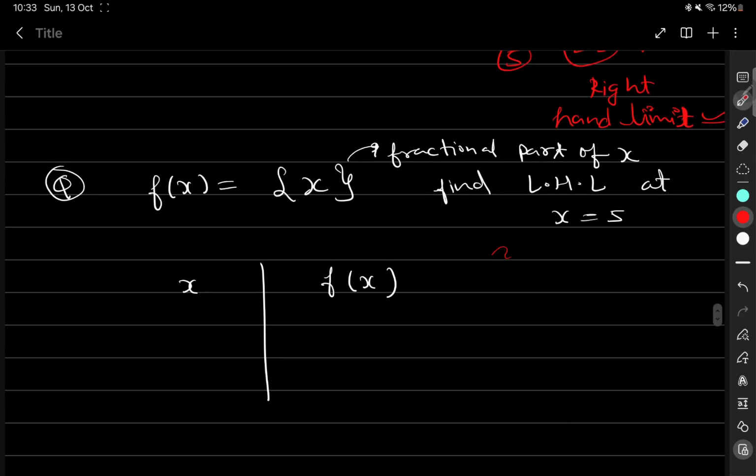If this is the left hand limit at 5, now we will approach towards 5 from the left hand side. Let's take 4.9, a value closer to 5.